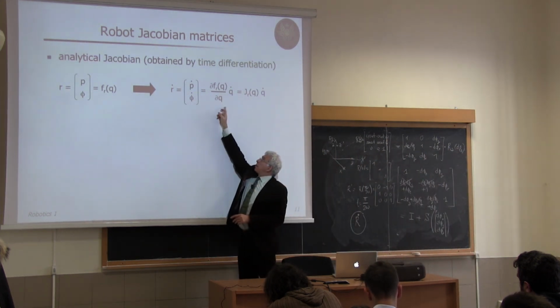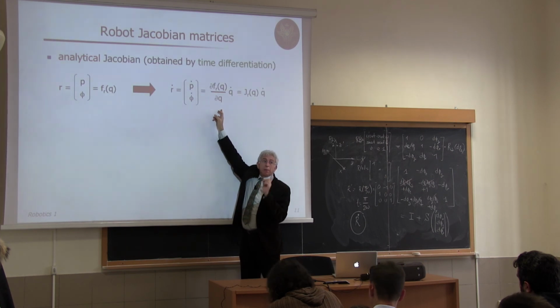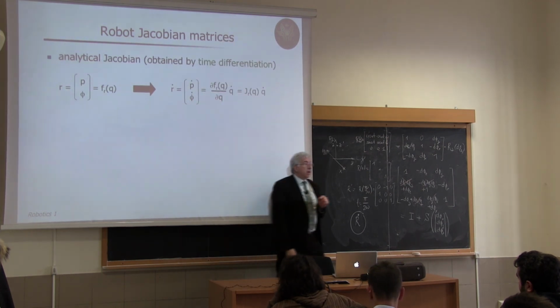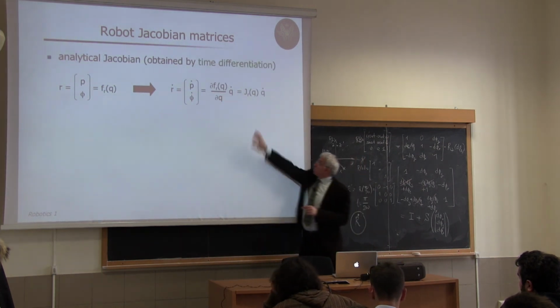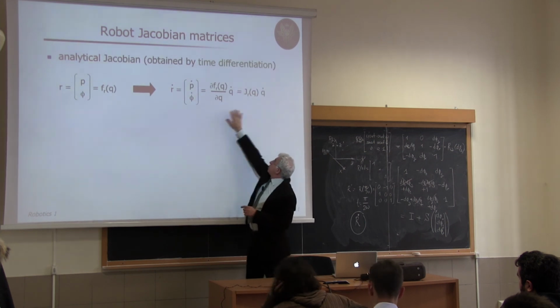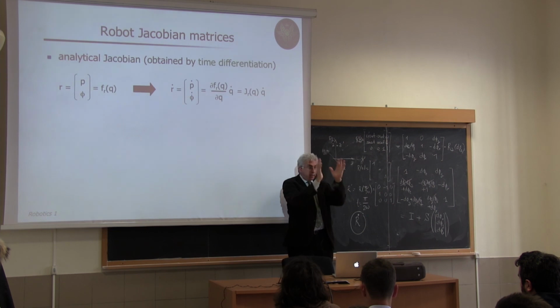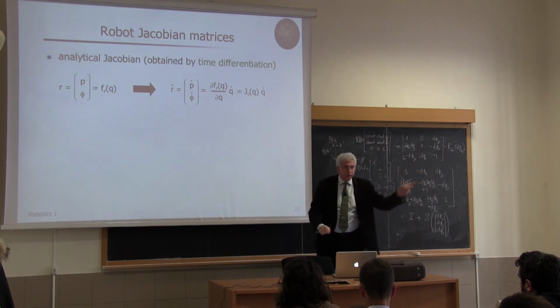Remember, the Jacobian is just the partial derivative with respect to the joint coordinates, not with respect to time. This is the matrix, and you factor out the velocity. So this will be a function of the configuration. If you freeze the configuration, so you're taking a picture and you're saying, okay, this is the configuration of the arm, I'm giving joint velocity, what happens to the end effector?